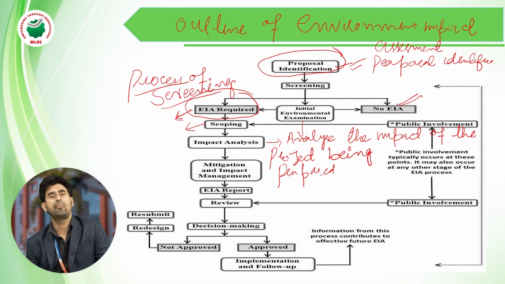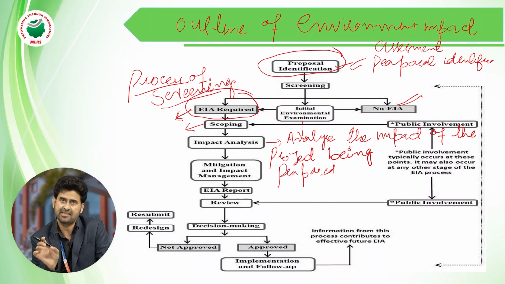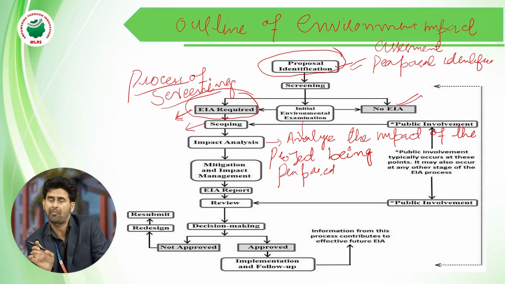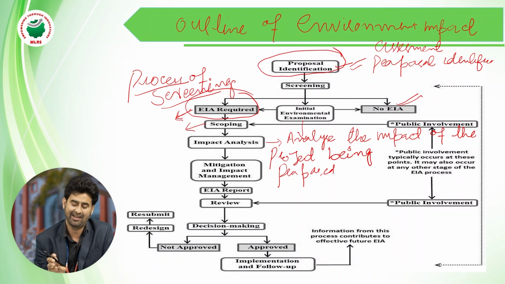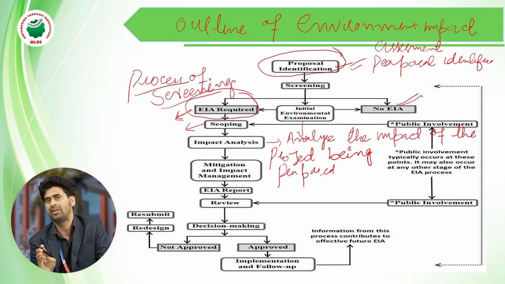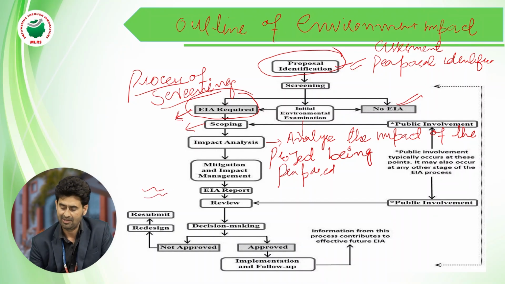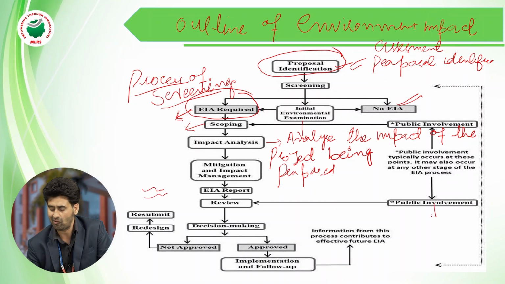Then there is the process of mitigation and impact management, that is, what is the effect of the project on the environment and society. We should identify the impact of the project being proposed. Then we should have a proper report on environmental impact assessment. Then there should be public involvement also. Then we should have a proper review.